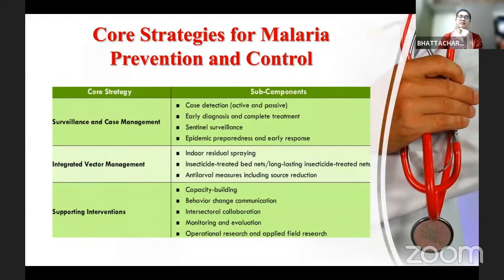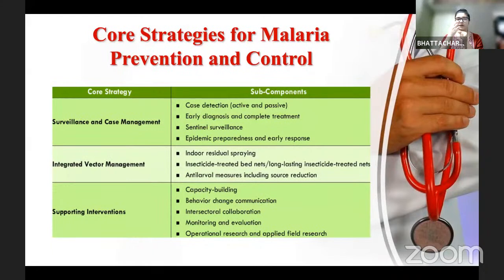The second core strategy is integrated vector management, which includes indoor residual spraying, insecticide-treated bed nets, long-lasting insecticide-treated nets, and anti-larval measures, including source reduction. These are all the measures which should be taken for management or control of malaria spread.